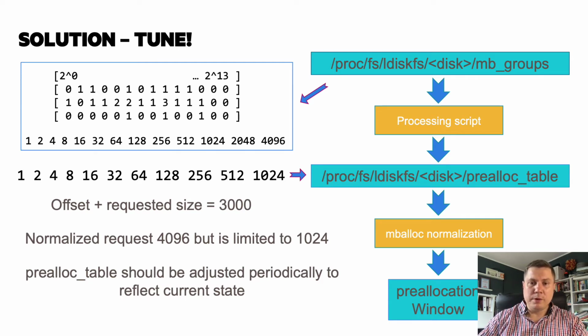So try to prevent the preallocation window from growing by reducing the prealloc table. In real cluster systems, we use a special script that processes MB groups and excludes numbers that are too large. So the prealloc table has only numbers that correspond to this real partition. This works well, as practice shows.